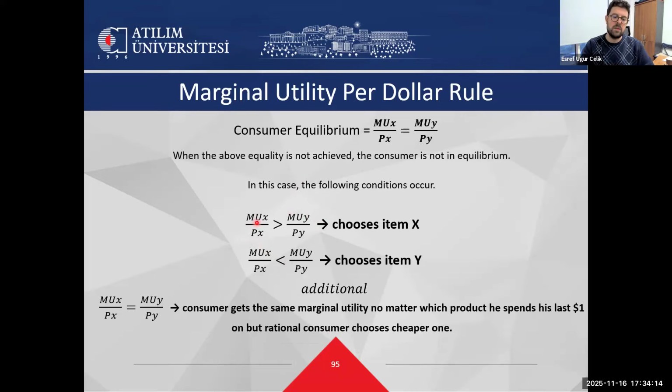If the marginal utility of X divided by the price of X is greater than the marginal utility of Y divided by the price of Y, that means that by selecting X, we get more utility, so we choose X. For the opposite condition, by getting Y, we get more utility. That's why we choose the item Y.